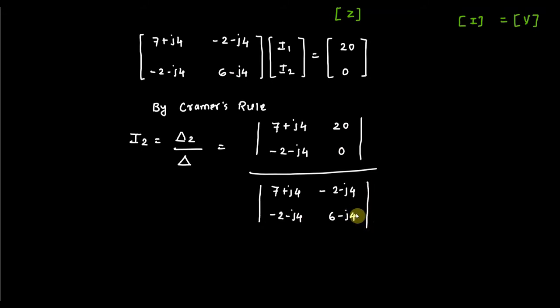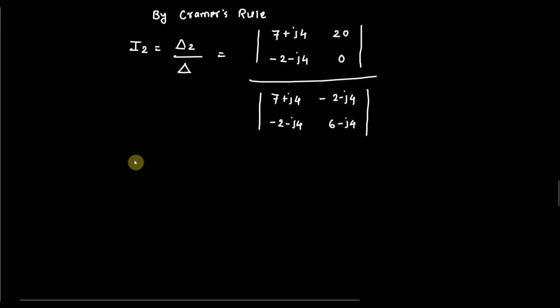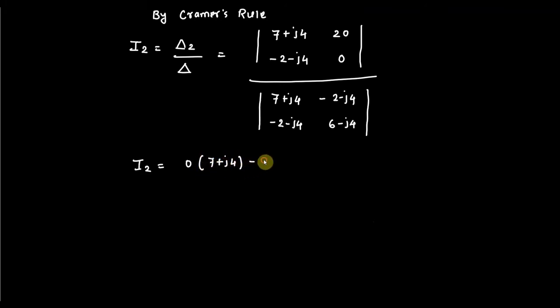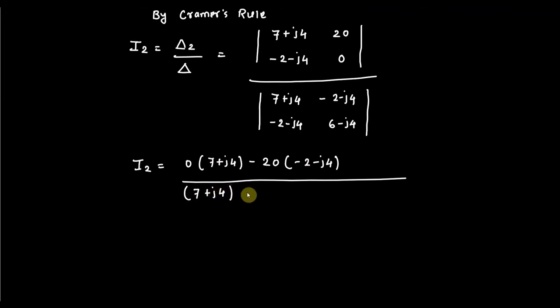Now solve these two determinants. Just cross multiplication. So it is 0 times 7 plus J4, minus 20 times minus 2 minus J4, divided by the cross multiplication of this one: 7 plus J4 times 6 minus J4, minus of minus 2 minus J4 times minus 2 minus J4.